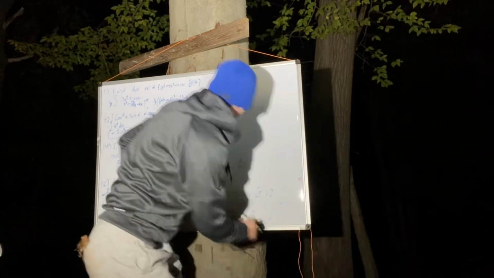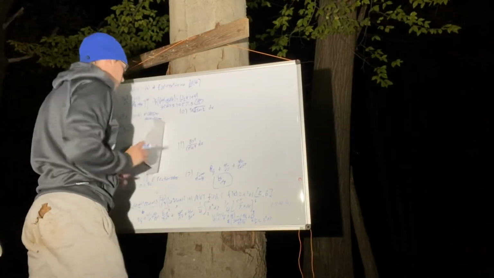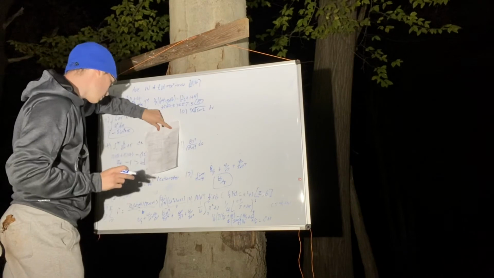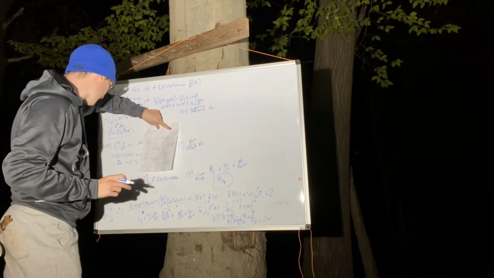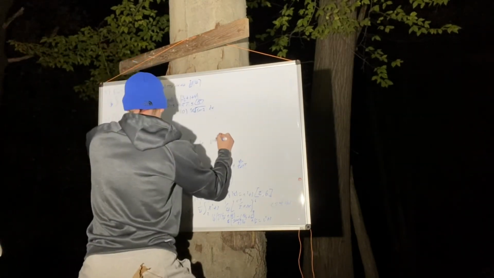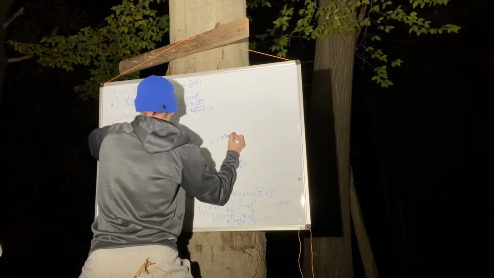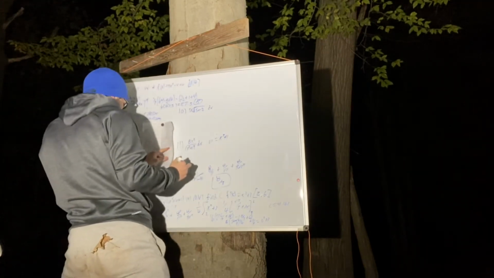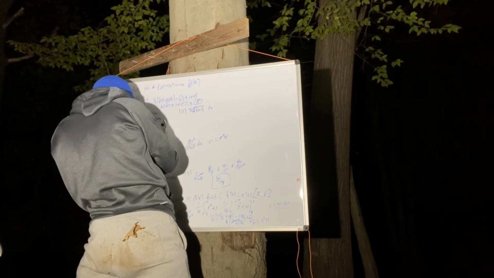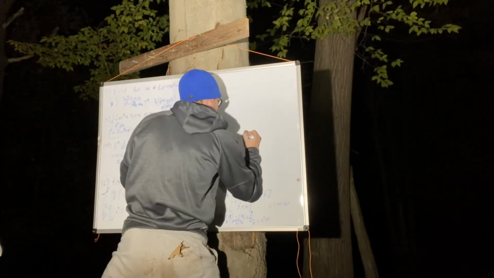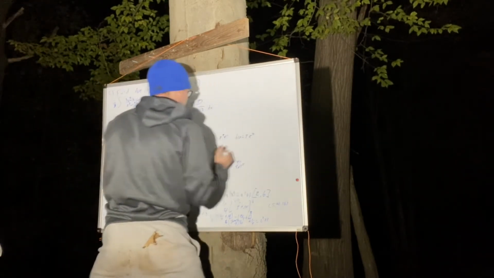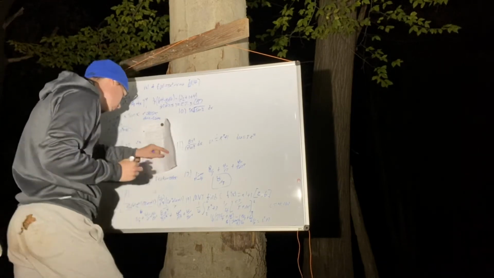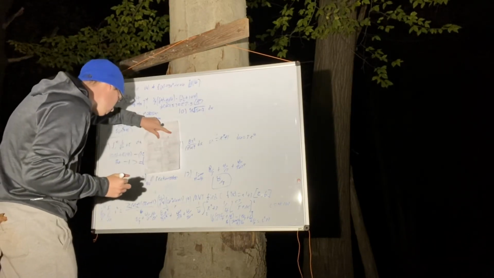Okay, now for 11. u equals x cubed plus 1, du equals 3x squared dx.